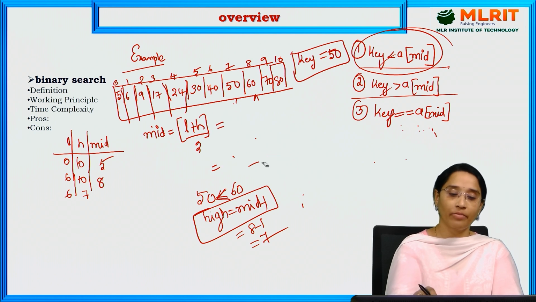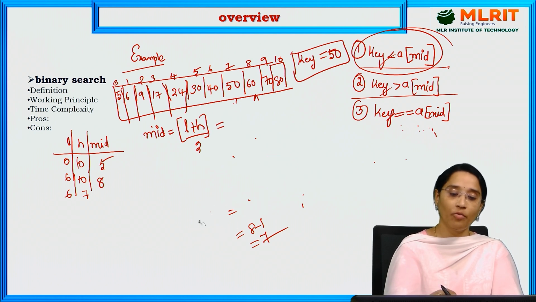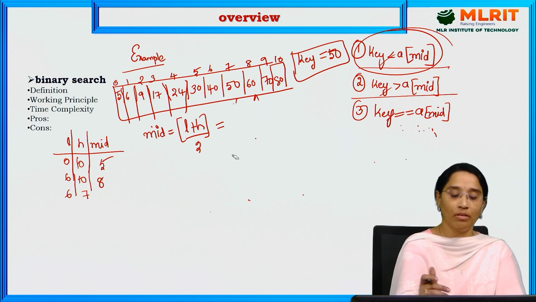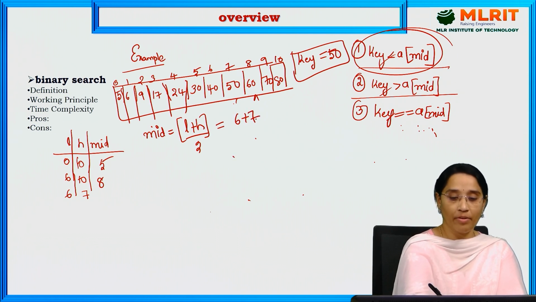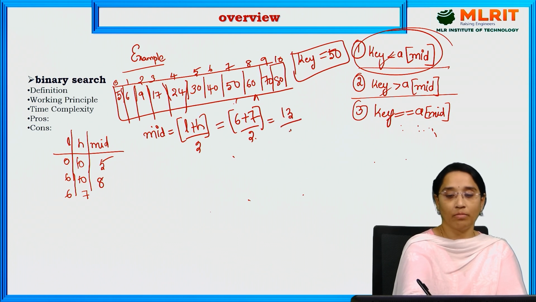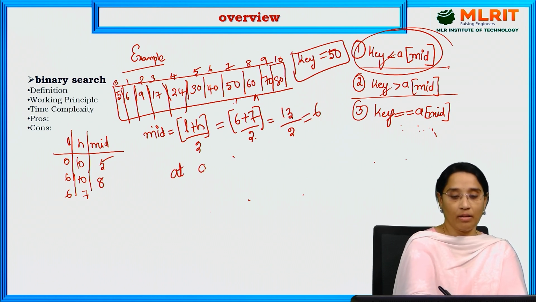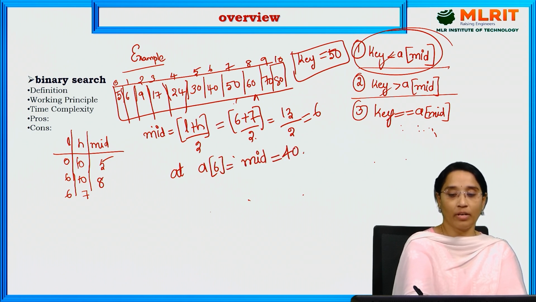Now third one. So you got low value as 6, high value as 7. 6 plus 7 by 2, it's 13 by 2. That is 6. At A of 6 is equals to mid, that equals to 40.